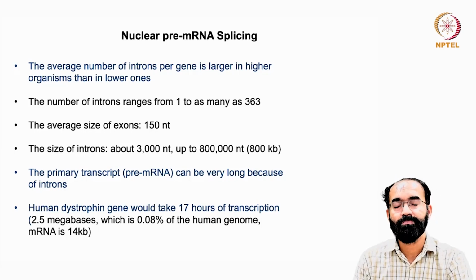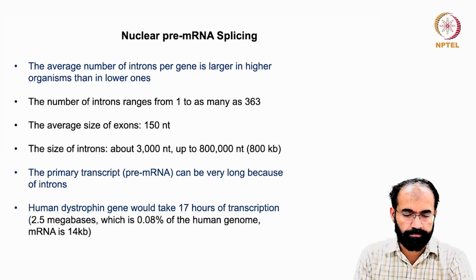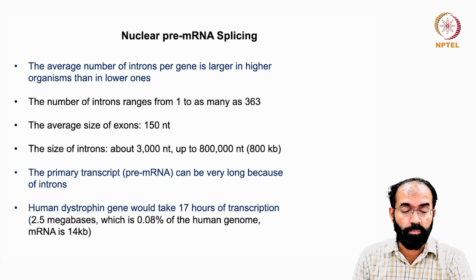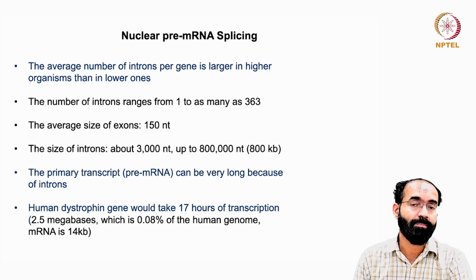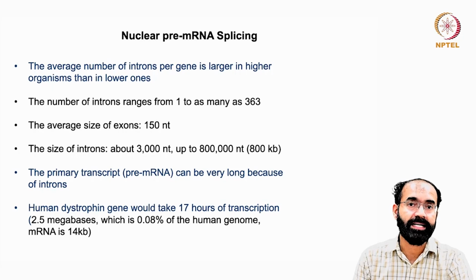So dystrophin is an important gene in maintaining your musculature. The human dystrophin gene would take 17 hours for transcription of 2.5 megabases. Remember, 1000 bases is 1 kilobase, 1000 kilobases is 1 megabase. So for this single gene, dystrophin, 2.5 megabases is about 0.08% of the entire human genome.